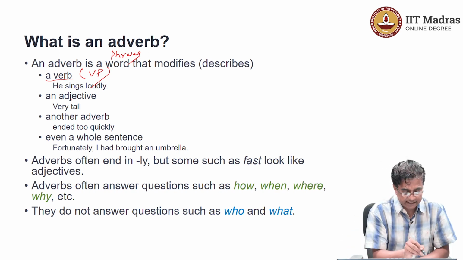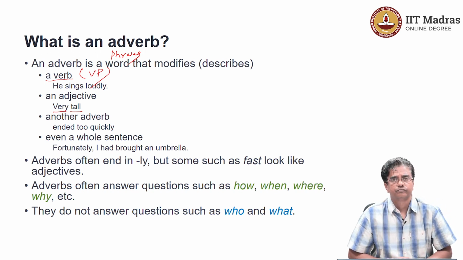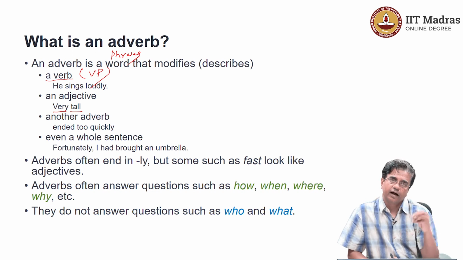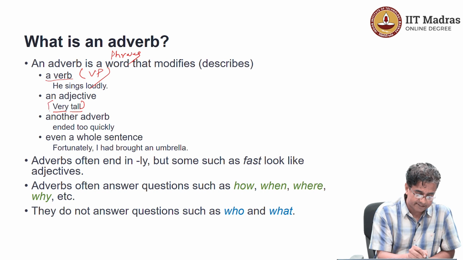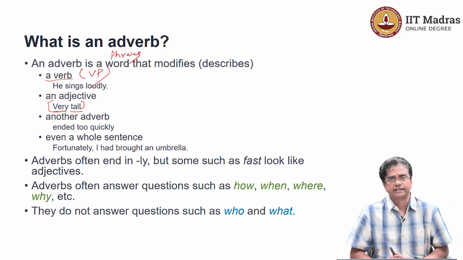So here is this. It modifies an adjective. There is a word which modifies an adjective in this case, like tall is an adjective, and we can say very tall. So very is definitely a modifying element. But after modifying this element, this becomes part of an adjective.